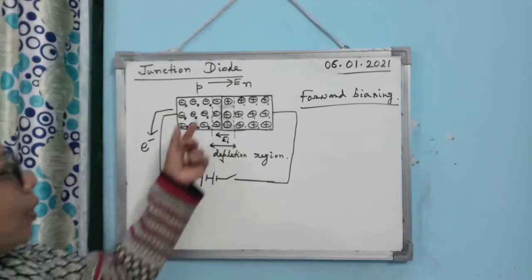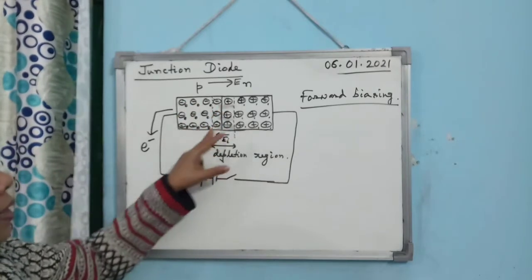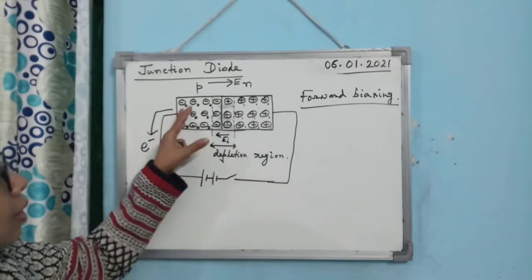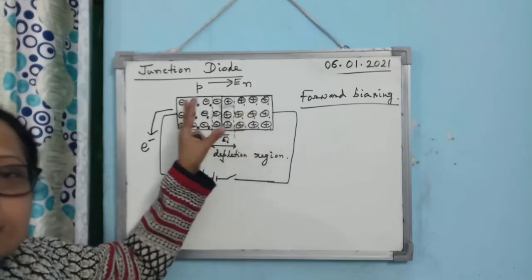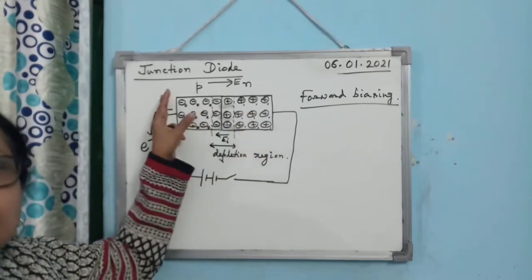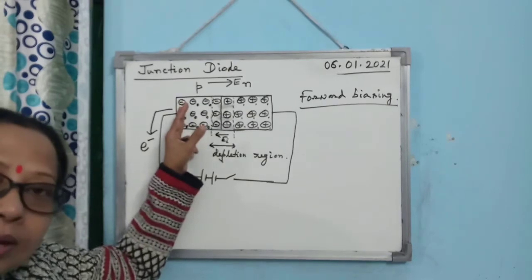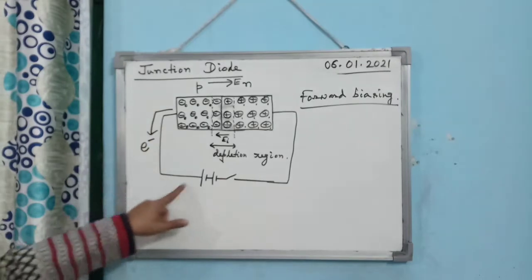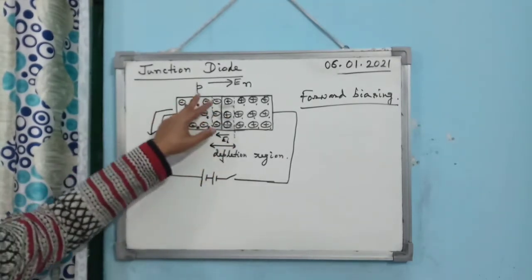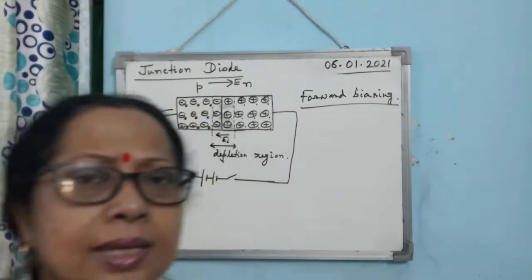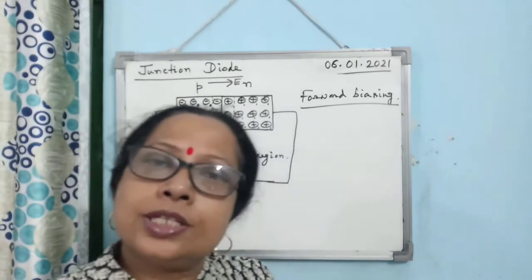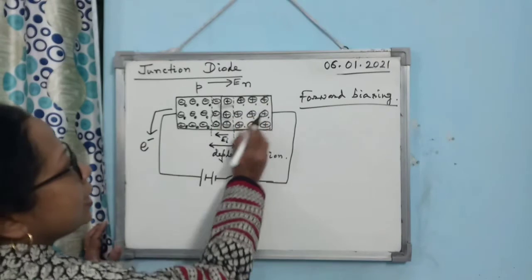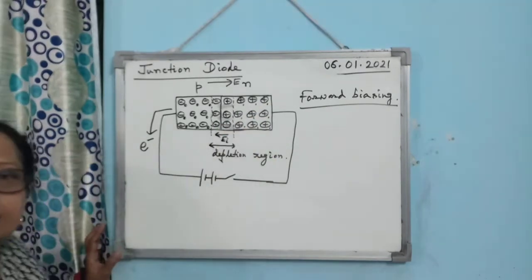Alright, so you see what is happening in the P region: although due to diffusion under the action of the battery the concentration of hole decreases, if 3 holes are lost, then 3 covalent bonds will be broken, 3 electron hole pairs will be produced, 3 electrons will come out, and 3 holes will remain within the P region, keeping the hole concentration constant. Now, come to the N region. What is happening here? It is losing electrons, isn't it?